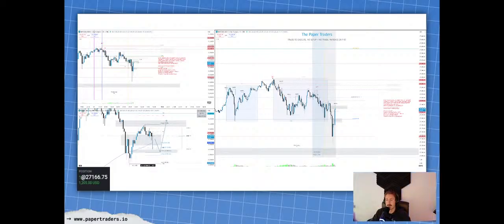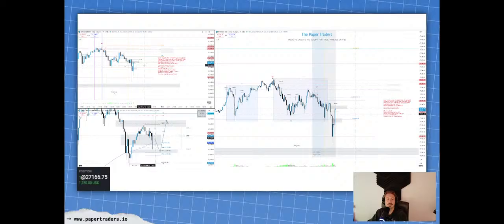Oh, we're about to open up a new hourly, so that's another thing. 3 more minutes until the next hourly opens up. It's one thing we're watching, so if they don't want to, next hourly is going to be interesting here. Let's see if this 15-minute would need to close above this fair value gap there. They can give us that potential.